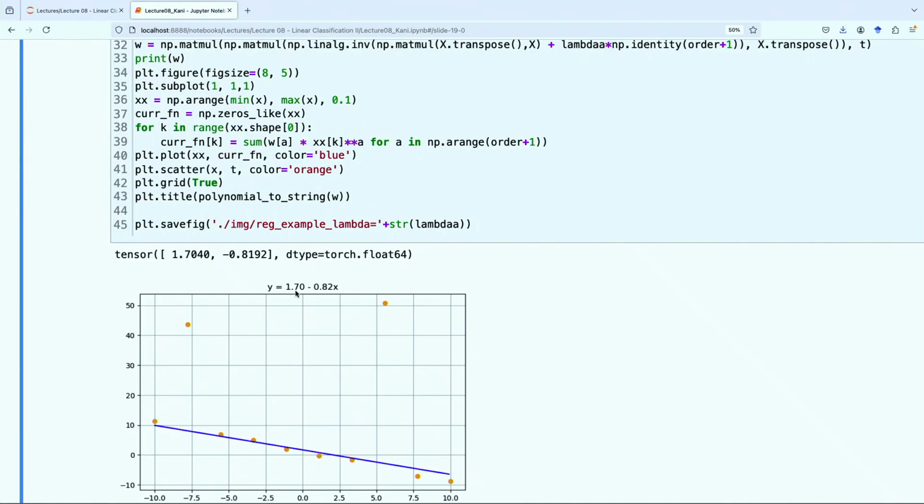But the regularization helps because it is basically forcing these parameters to be smaller, to be more equal to each other, and to be smaller in general, right? Because the L2 regularization loss penalizes large parameters. Now, that's great.